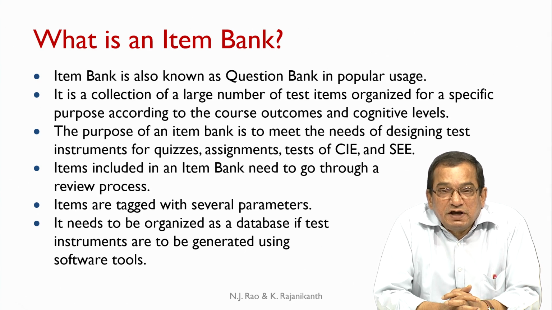So, the items are tagged with several parameters. We will presently see what are the parameters with which we need to tag the items. This is necessary in order to use the items effectively in composing an assessment instrument.